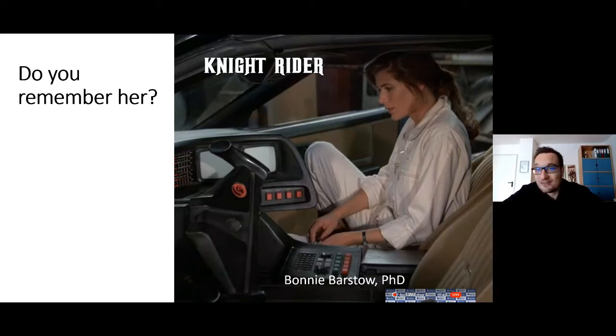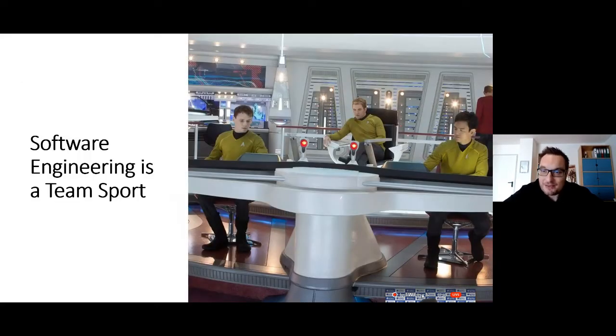And nowadays that's not possible anymore because nowadays computer science and especially, let's say, software engineering is a team sport. You need to have several people, several roles, several skills. And so you need to find a way to work together with other people.